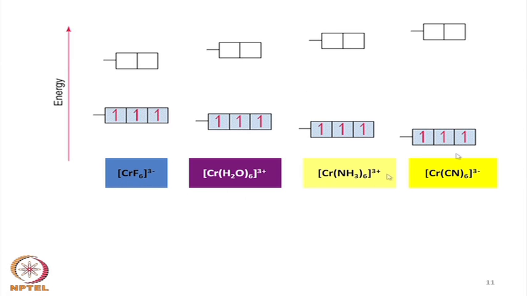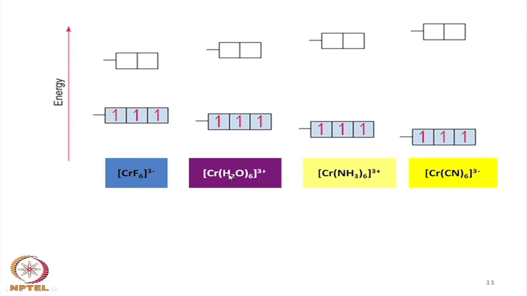Without looking at the detailed diagram for the crystal field splitting, we can rightly say very easily that CrF6 3 minus would be less than Cr(H2O)6 3 plus, which would be less than Cr(NH3)6 3 plus, which would again be less than Cr(CN)6 3 minus, because we all know that the fluoride anion is on the left hand side of the spectrochemical series and it is in the range of weak field type.